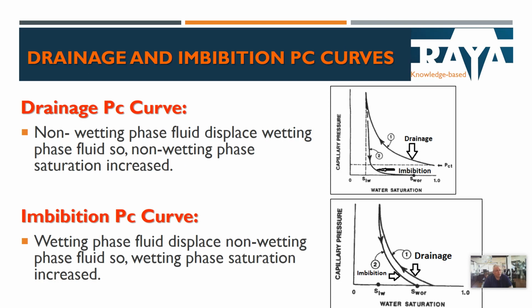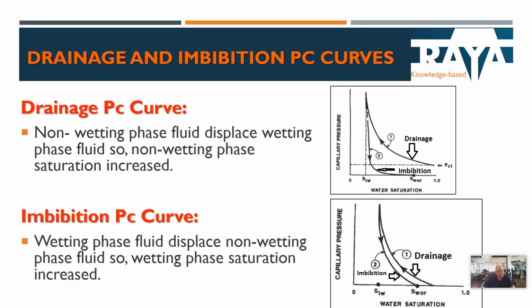When we do the test in the laboratory, generally we produce two types of PC curves. One is drainage, the other is imbibition. In the drainage PC curve, the non-wetting phase fluid displaces the wetting phase, so non-wetting phase saturation increases.